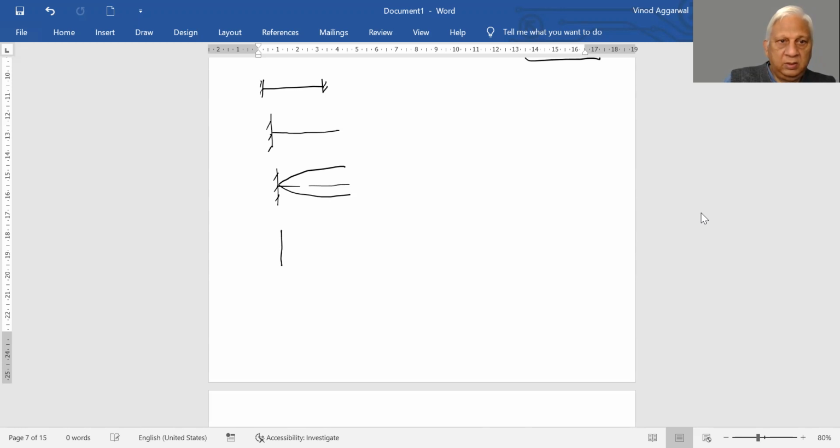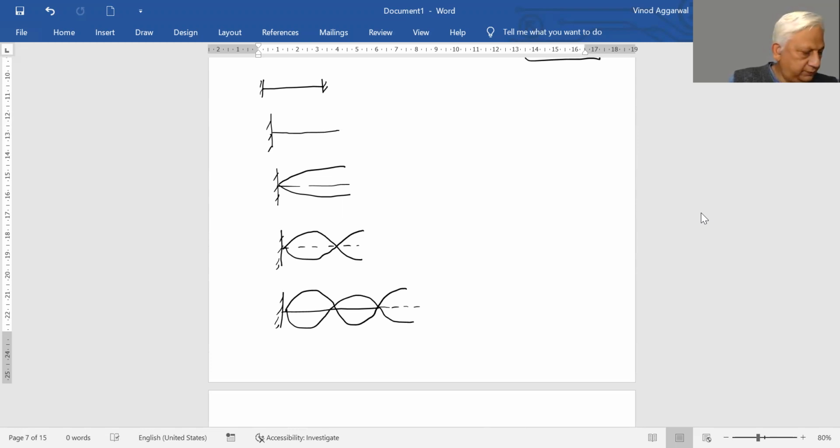Second is this, the second way. Third could be this, and so on and so forth.